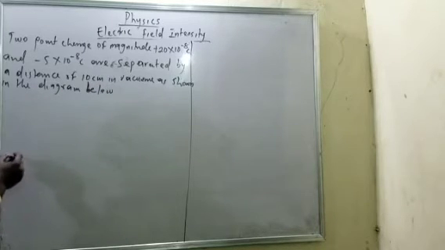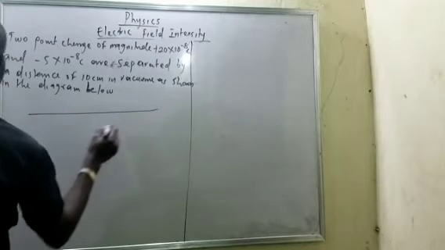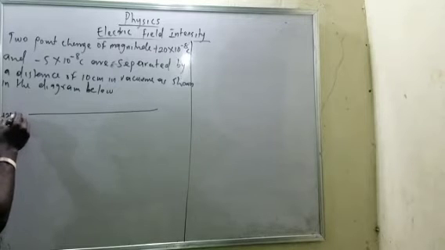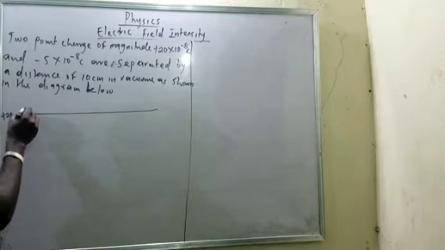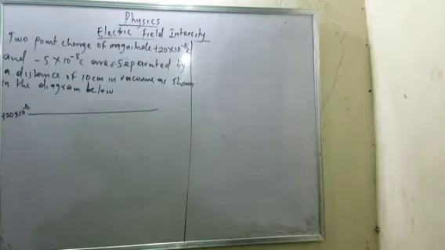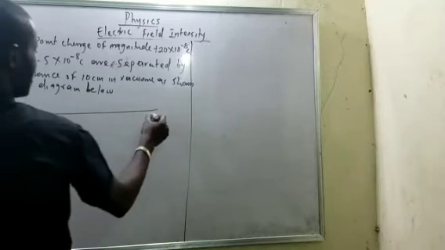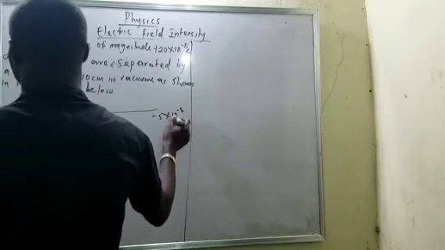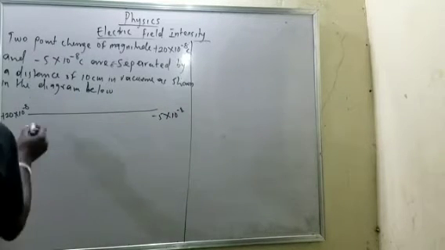Now, what is the diagram? We have plus 20 times 10 raised to power minus 8, and I have minus 5 times 10 raised to power minus 8 coulomb.